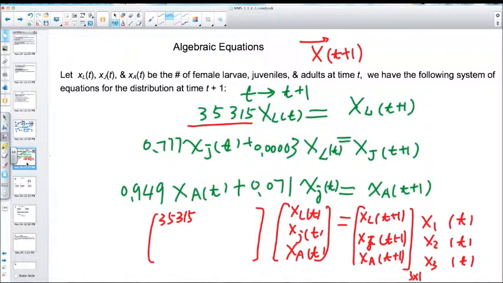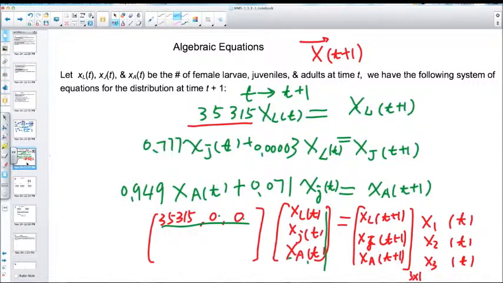You don't have the other two terms, just fill in 0. So if you look at the first row, you check this row dot this column. It's going to be 35,315 XL, and this is XL. That matches, and there's nothing else. 0 times this is 0, 0 times this is 0. And that's how we translate.